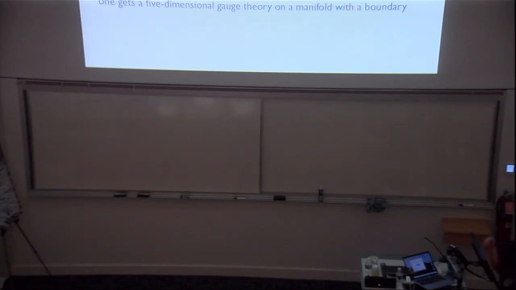So to get a good description of the problem, what Witten does is he shrinks a circle that you can associate to rotations of this extra auxiliary complex plane. So from a 6-dimensional theory on this nice manifold, you get a 5-dimensional gauge theory.